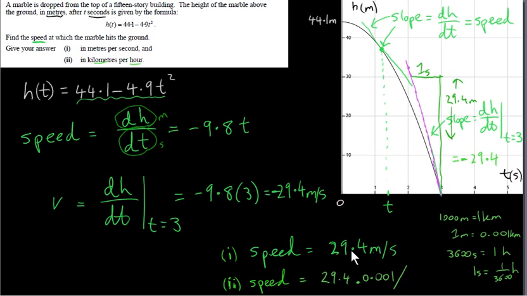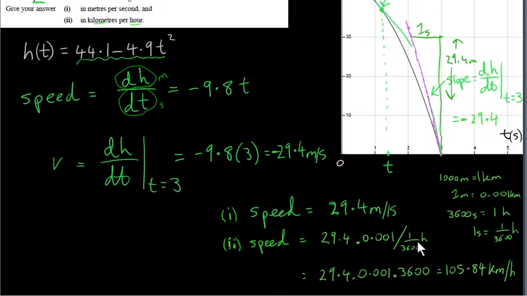So we have 29.4 meters in 1 second. So we replace 1 second with 1 over 3,600 of an hour. So how do we calculate this? Well, we're dividing by 1 over 3,600. That's equivalent to multiplying by 3,600.